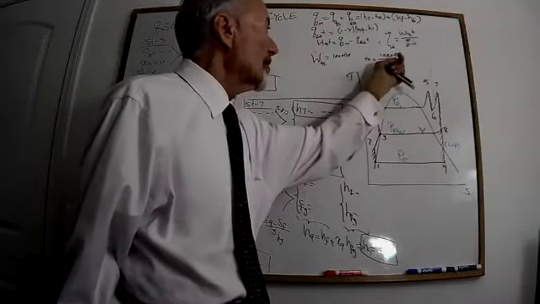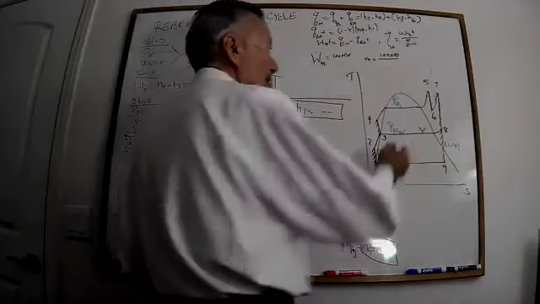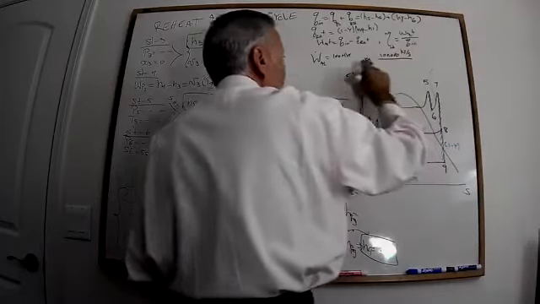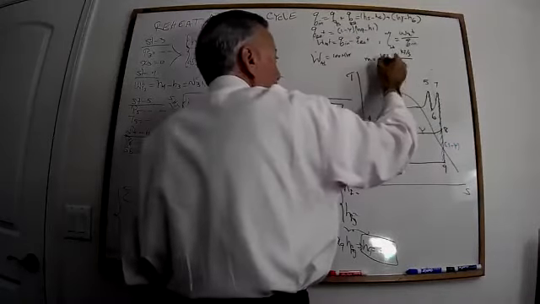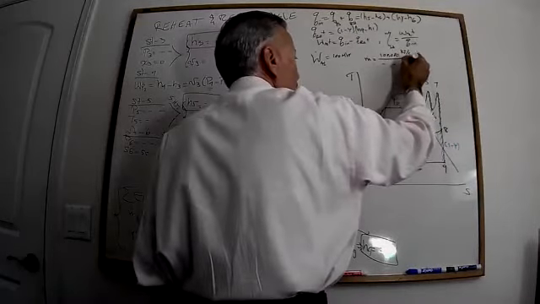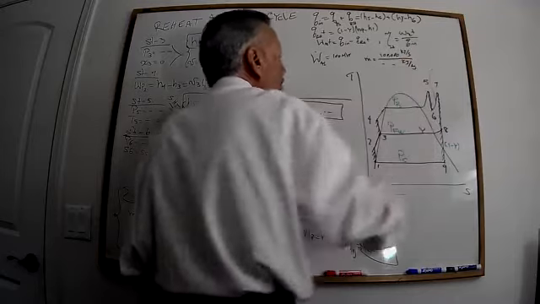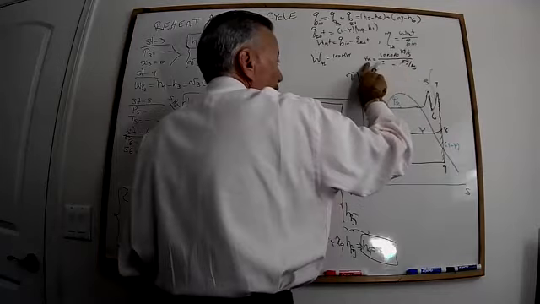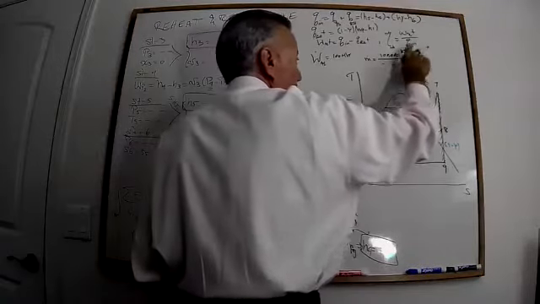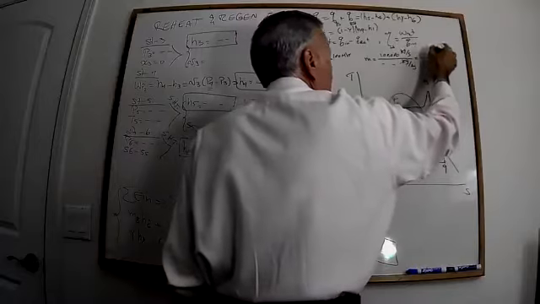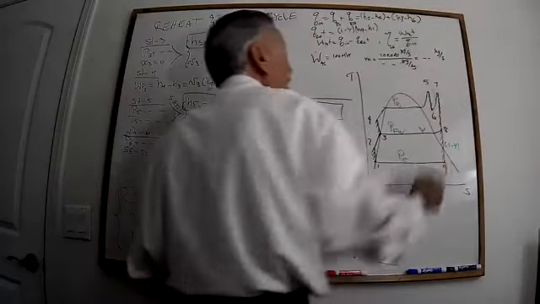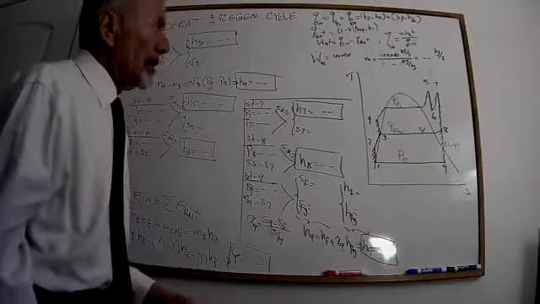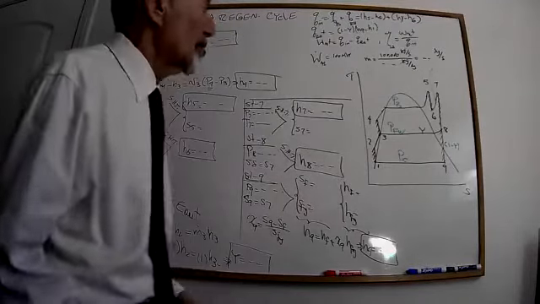You have to convert it to kilojoule per second, which is kilowatt, divided by this value, whatever it is, which has a unit of kilojoule per kilogram. The kilojoule will cancel, but you have left kilogram per second. That would be the mass flow rate, if they ask you that question.